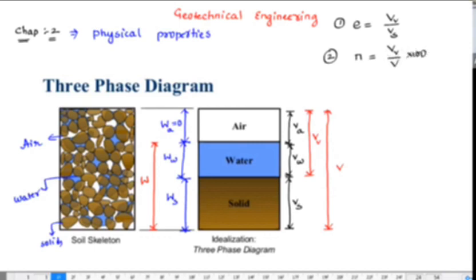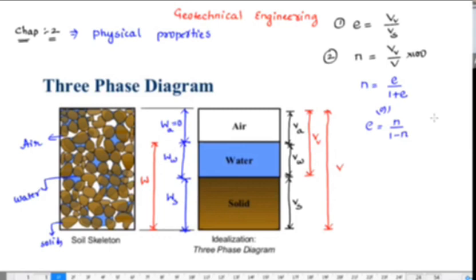And what is the relation between void ratio and porosity? Both are representing the voids. So n is equal to e by 1 plus e, or e is equal to n by 1 minus n. So this is number one, void ratio, and number two, porosity.